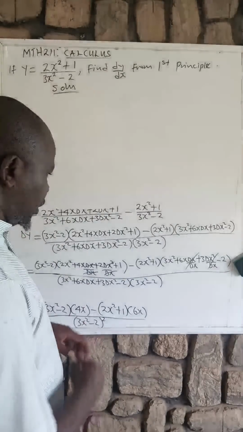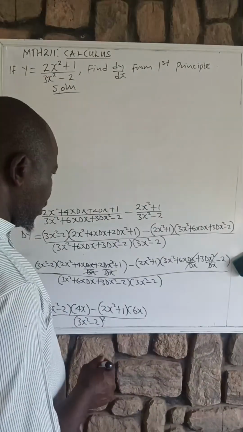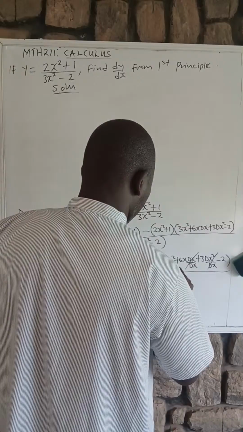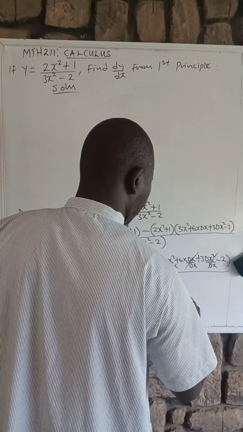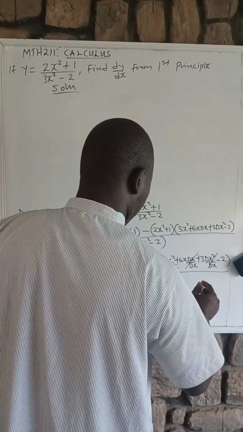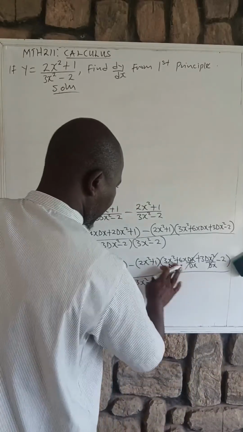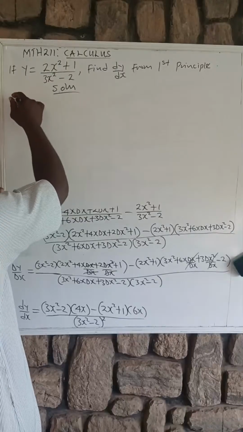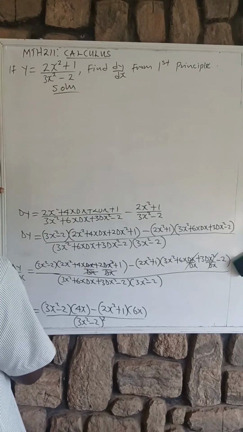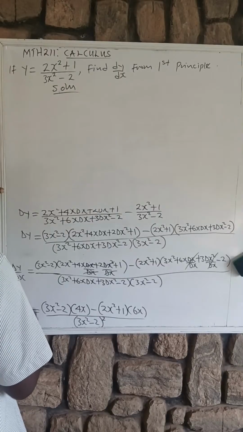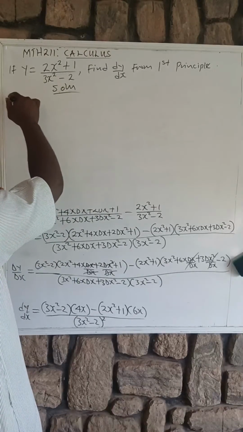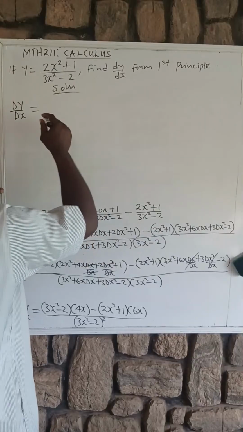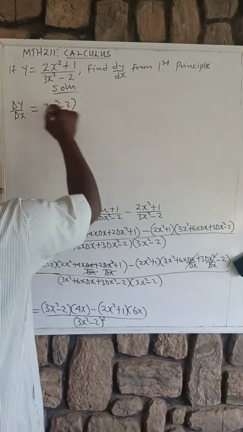So here too, supposed to be yes, right? Okay, so our dy over dx will now be equal to 3x squared minus 2 open bracket.